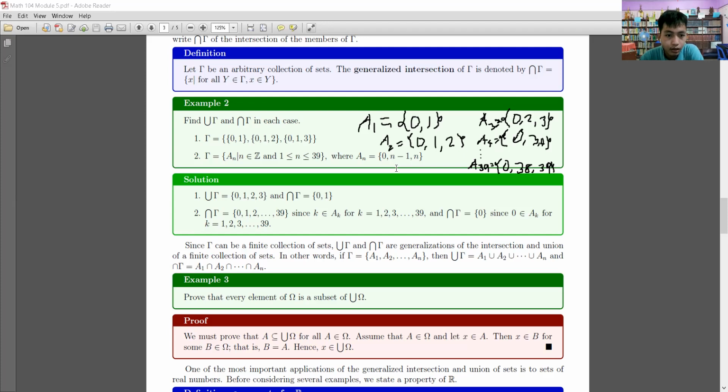So first, this must be generalized union. So yung generalized union natin is lahat lang ng mga elements dito. So makikita natin dun sa sets natin, we have 0, 1, 2, 3, 4, and so on hanggang 39. So dapat ito ay union.